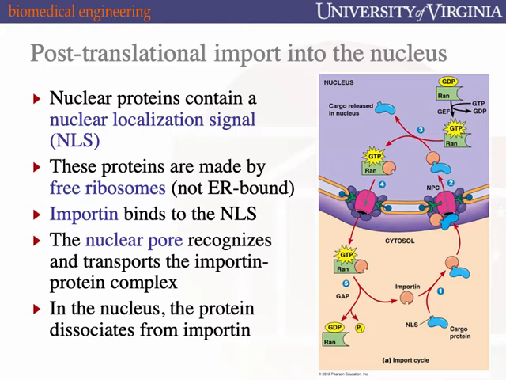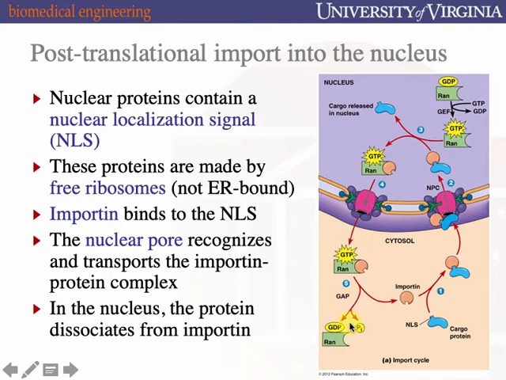Now, to enable importin to get back into the cytoplasm to bind additional NLS-containing cargo, this RAN importin complex will go down the concentration gradient of RAN GTP from the nucleus back through the nuclear pore and into the cytoplasm.